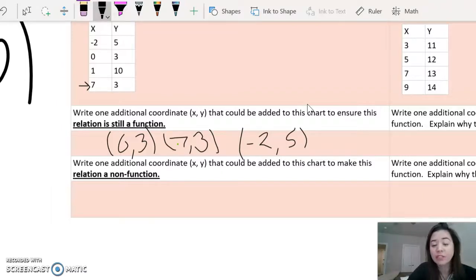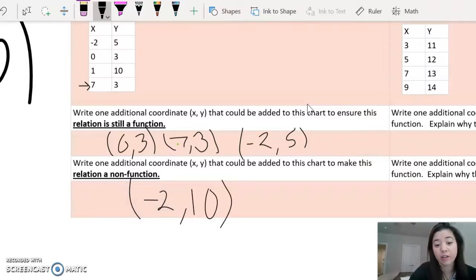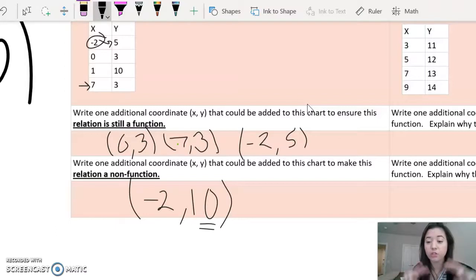Now write one additional to make it a non-function, meaning one of your inputs is giving you something else out. So you could say -2 and then 10. I picked one of my x values that were already being used. Originally it was giving me out a 5, now it's giving me out a 10. -2 is giving me two different things, so it's not a function.